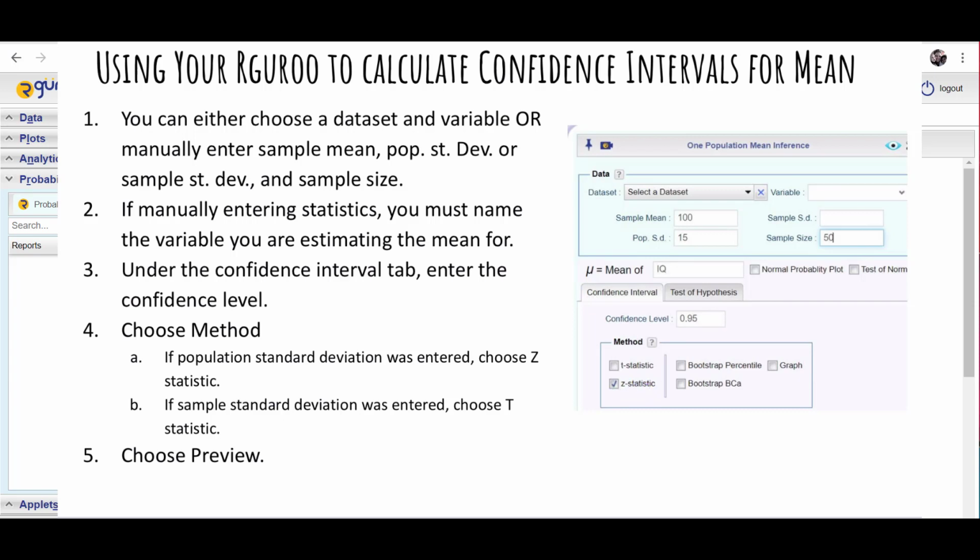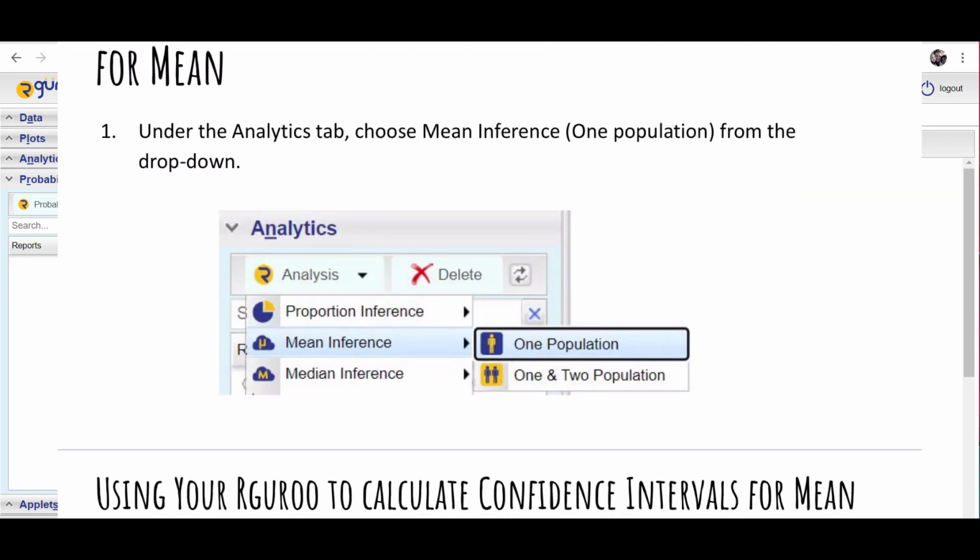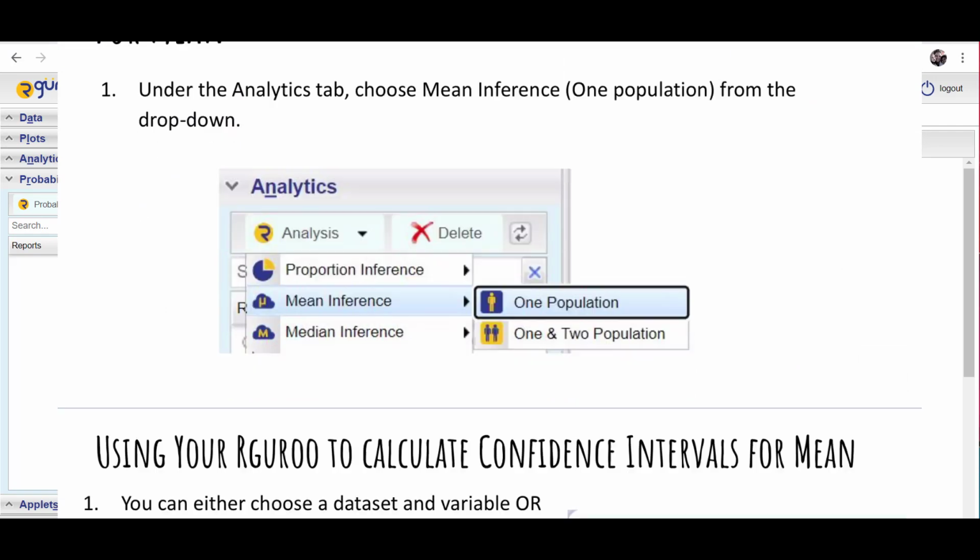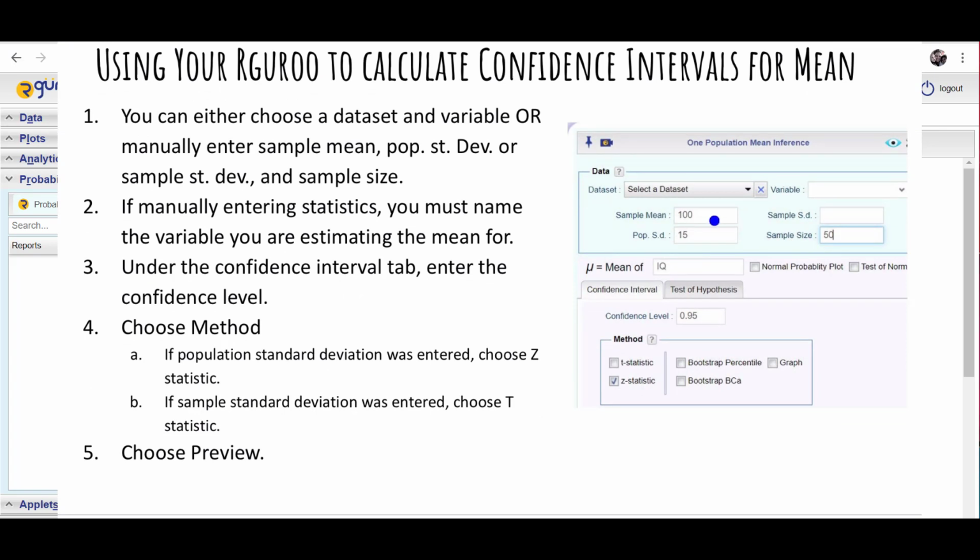And that's it. So again, analytics, analysis dropdown, choose mean inference 1 population. Fill in your sample mean, the type of standard deviation you're given, sample size, context label for the mean that you're finding, confidence level, Z statistic. Preview. You're done.